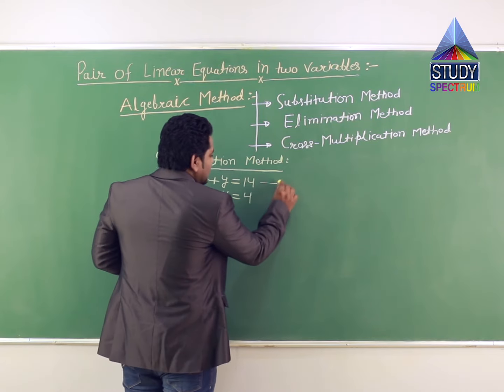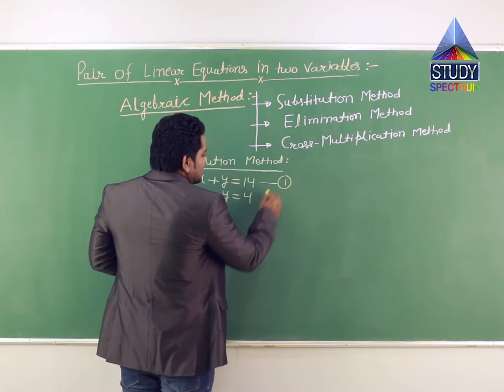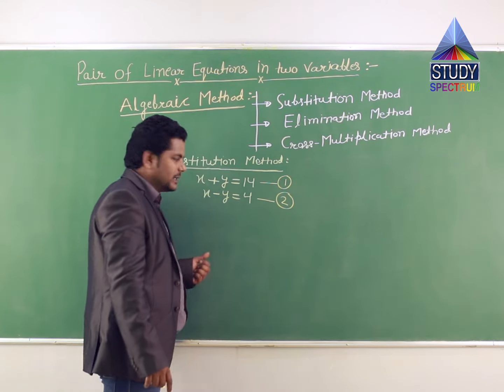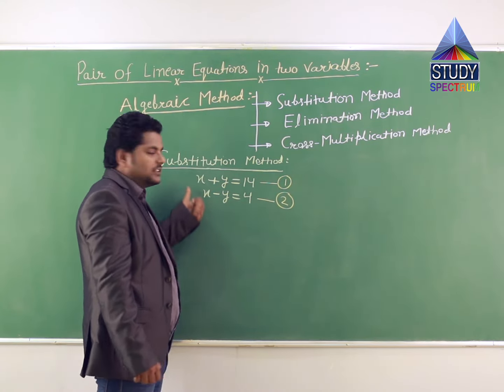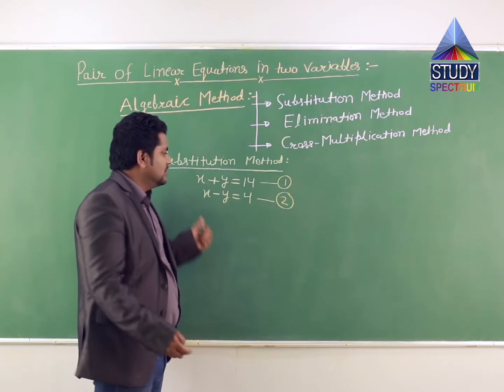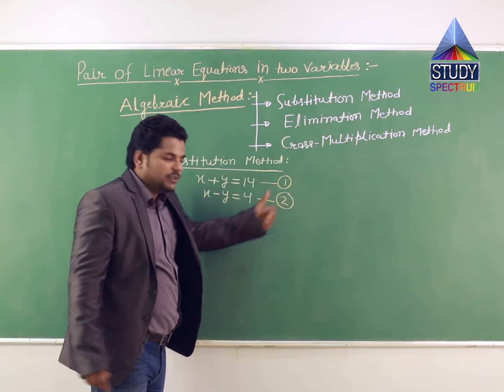Here there are two equations. Let's suppose this is equation 1 and this is equation 2. You can choose any of the equations to express one variable in terms of the other. So let's suppose you have chosen equation 1.